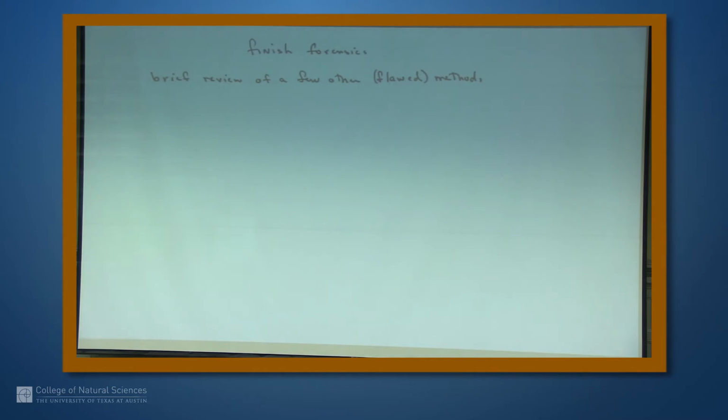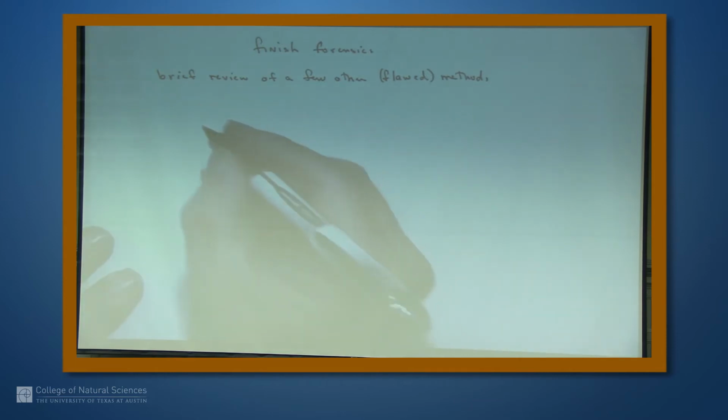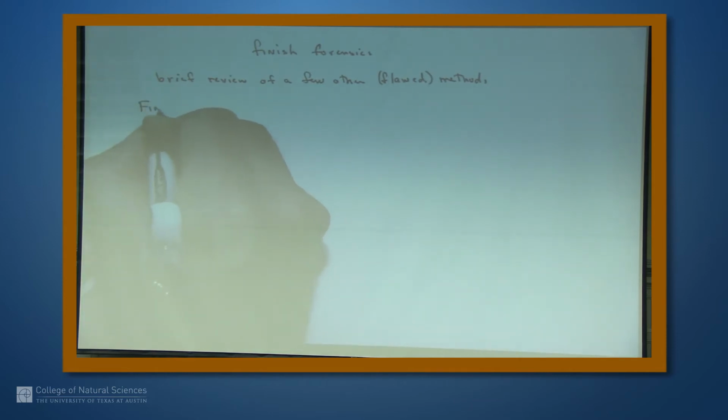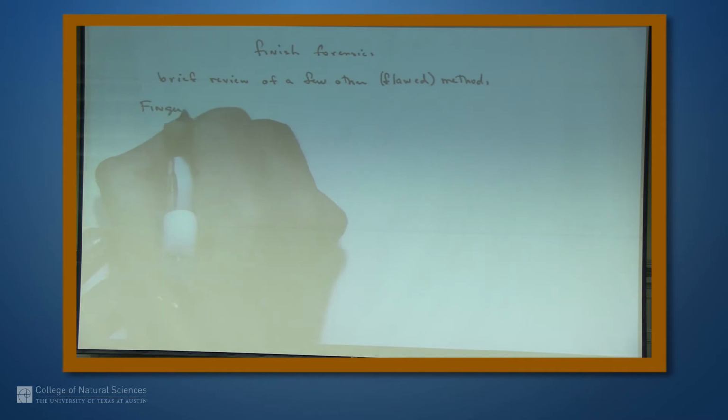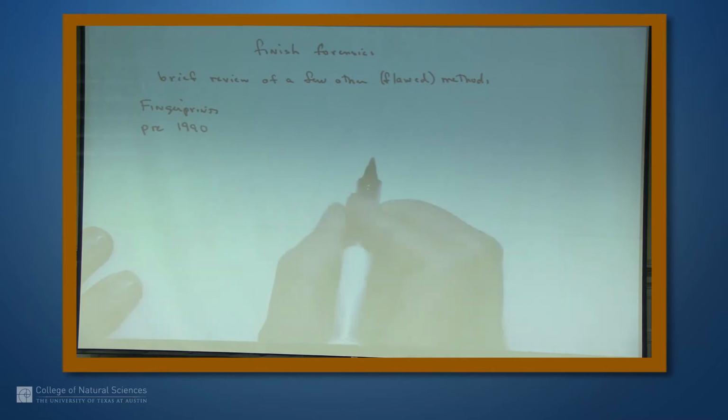So I think I'm going to talk about four other topics. Fingerprints. Now I'll start with pre-1990, right? Fingerprints have been used since the 1910s, 1920s.